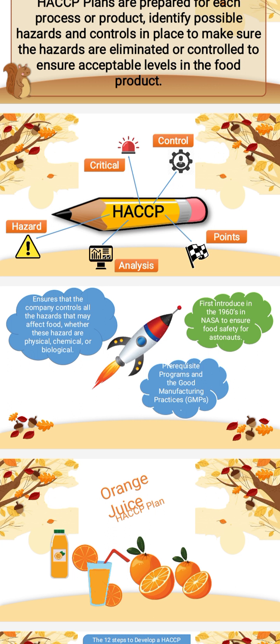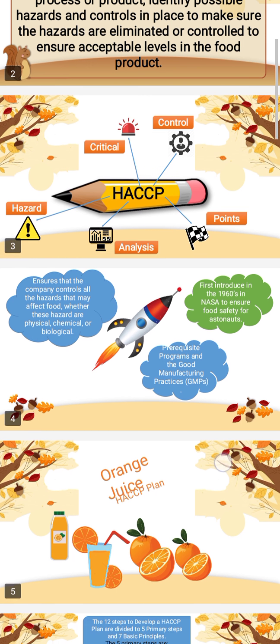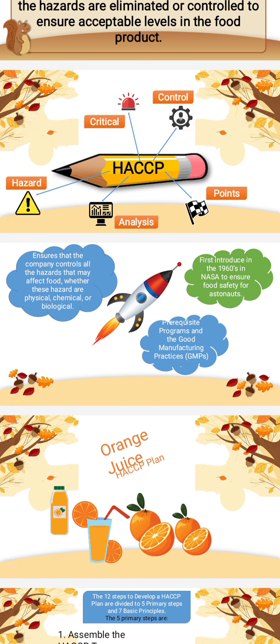The application of the HACCP system, in addition to the prerequisite programs and the GMPs, good manufacturing practices, provides the best protection for food. It ensures that the company controls all types of hazard, whether physical, chemical, biological, or other types of hazard.